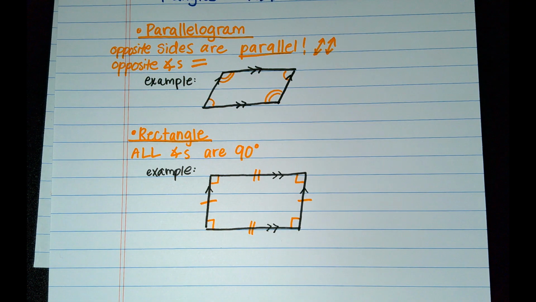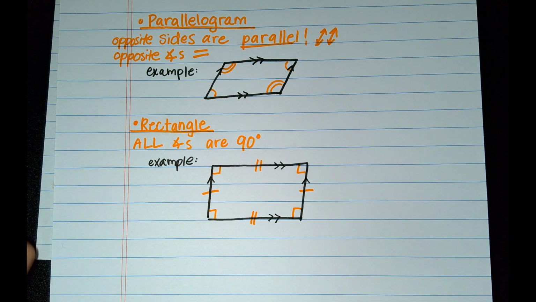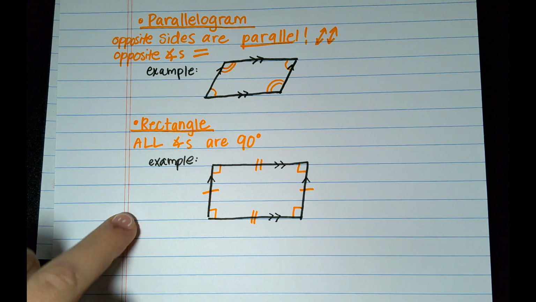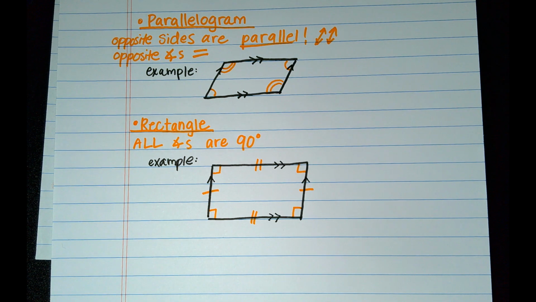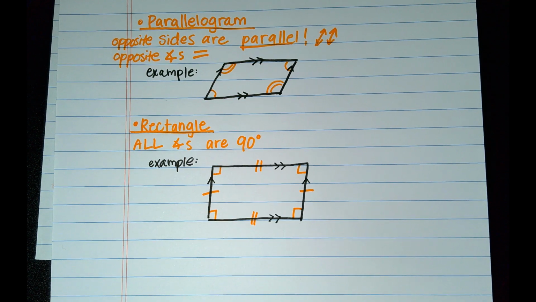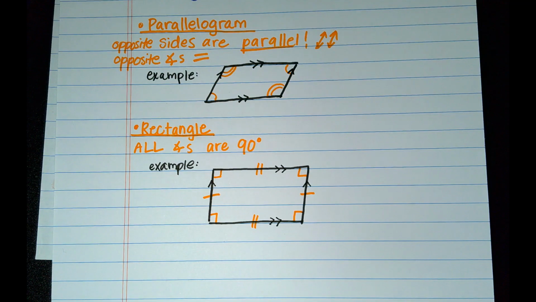So there's your rectangle. And we have one more I'm going to introduce today that I'm sure you all have seen and heard before. Slightly more specific than a rectangle. A rhombus is a quadrilateral. I'm not showing you that today though, just because a rhombus is on a little strand of its own.